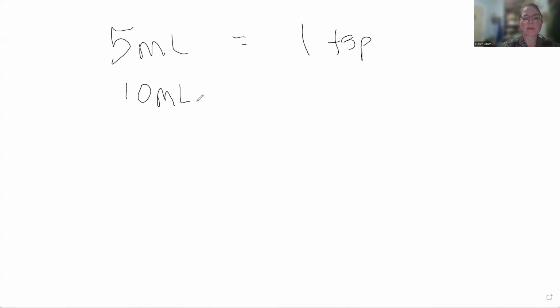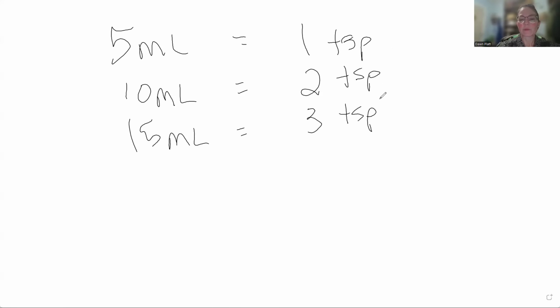for every 5 milliliters, that equals 1 teaspoon. So 10 milliliters equals 2 teaspoons. 15 milliliters equals 3 teaspoons.